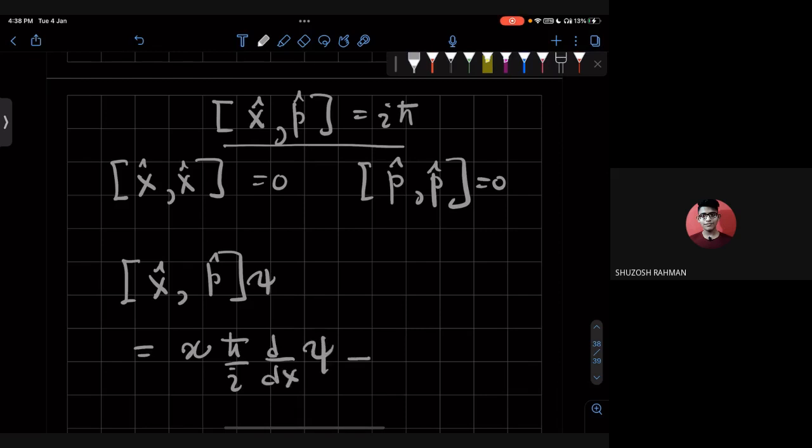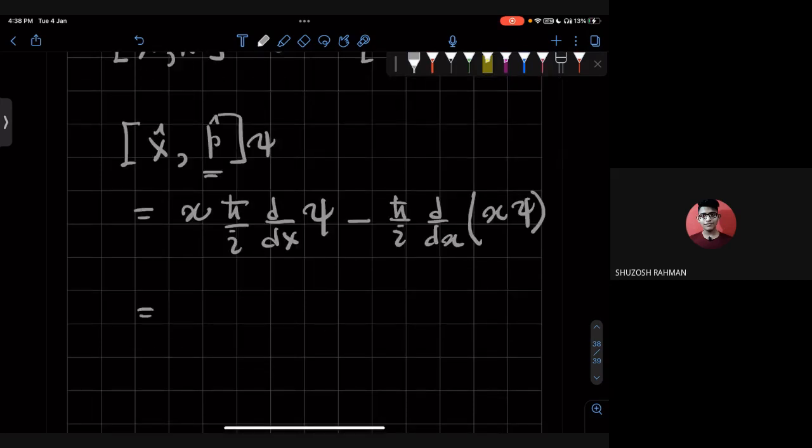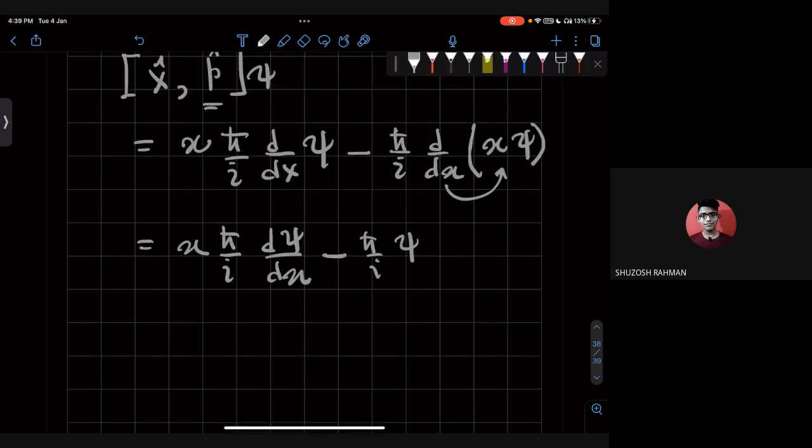So we have X times h bar by i d psi by dx, minus h bar by i d by dx acting on X psi. First, the derivative acts on X and we just get psi, and then we get h bar by i, X d by dx of psi.